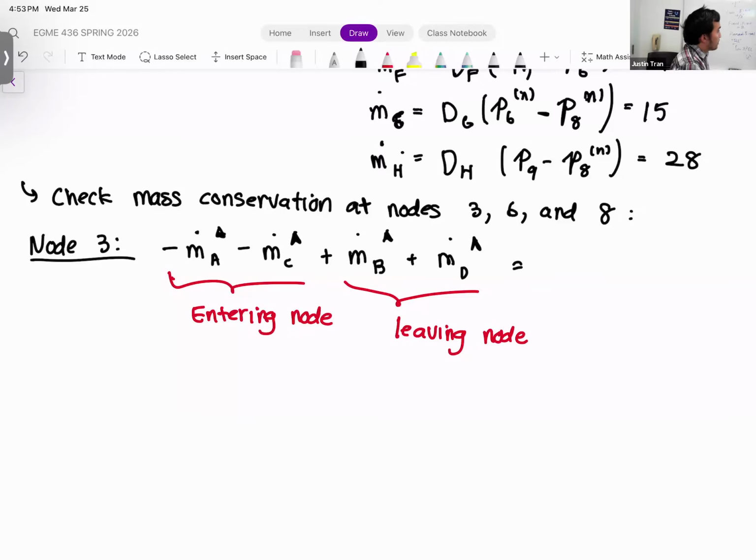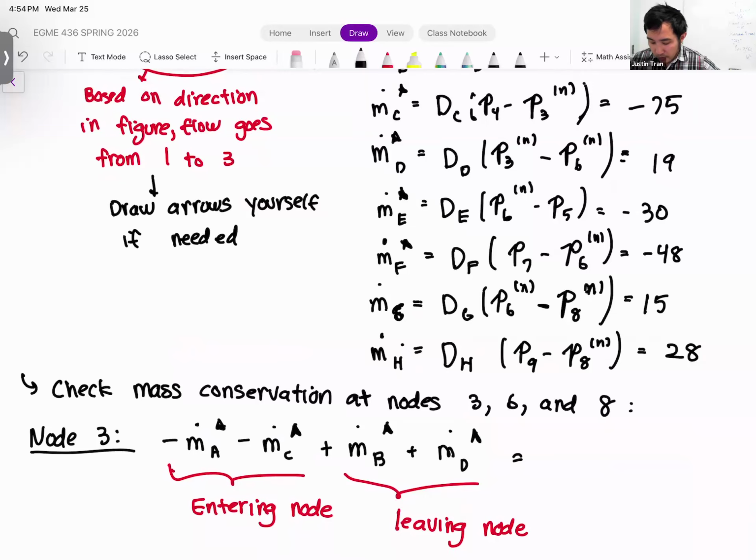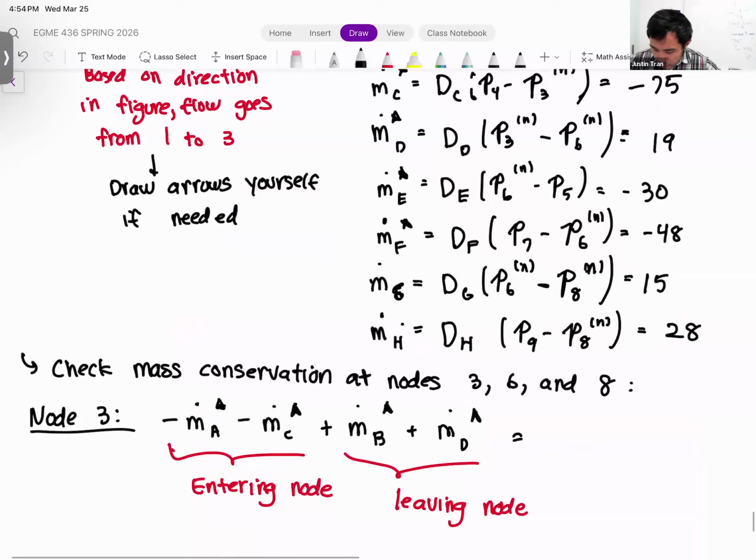Okay, and so let's go ahead and sum up all of these mass flow rates. So we just painstakingly computed them in the previous step, right? And so we take minus m dot A star minus m dot C star plus m dot B star plus m dot D star, and the result for that is 24. So we get something that's non-zero, which is expected, right?